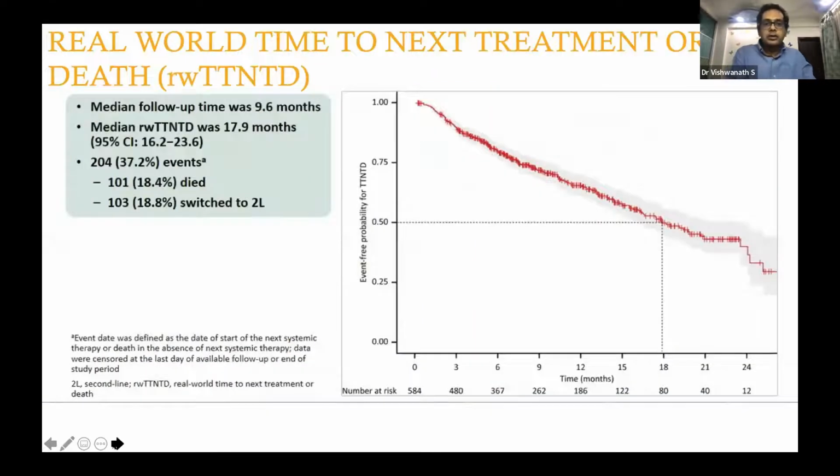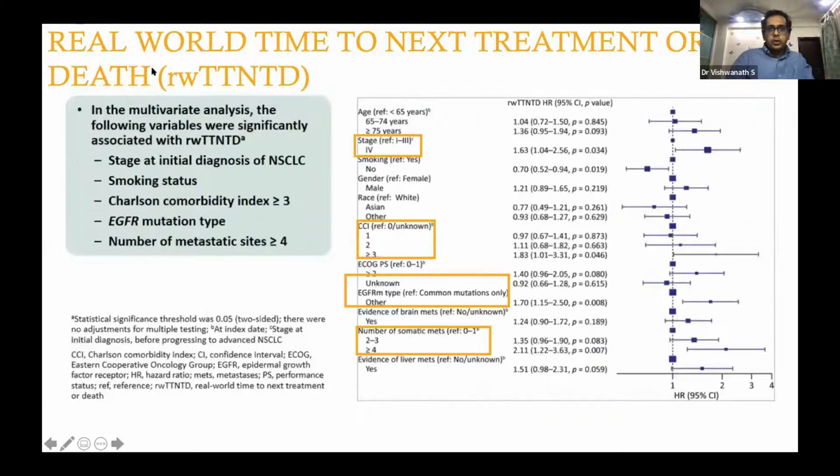You can see here that the real-world time to next treatment or death was 17.9 months, and this is the median. And again, you can see that there were certain variables which meant that these patients could do badly.